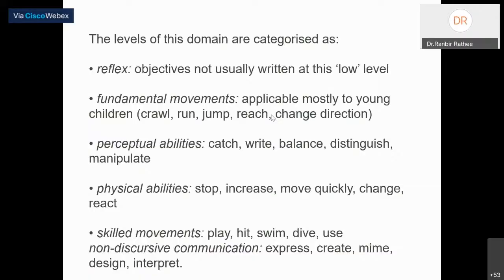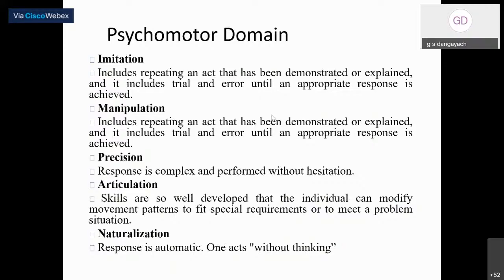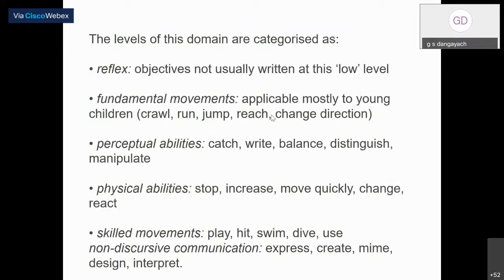The levels of this psychomotor domain are categorized like this. Reflex: objectives are not usually written at this low level. Fundamental movements are applicable mostly to young children, like crawl, run, jump, reach, change direction. These are for young babies and children who are developing psychomotor skills.